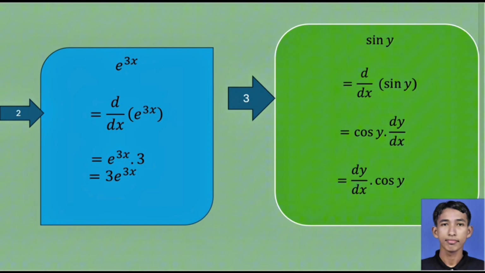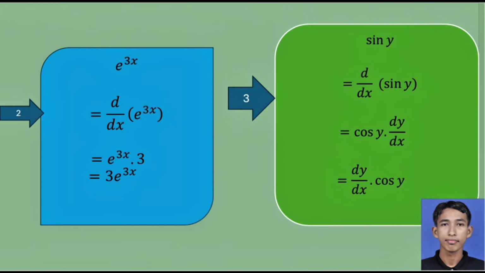Next, the derivative of e to the power of 3x is e to the power of 3x times 3, and the answer we will get is 3e to the power of 3x.